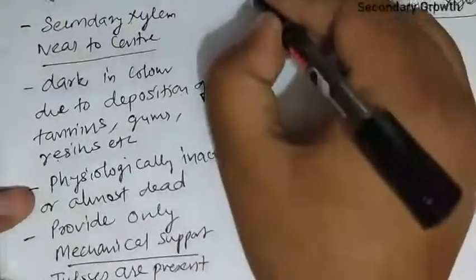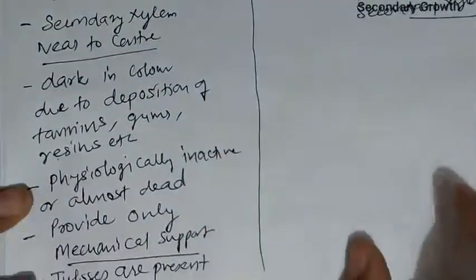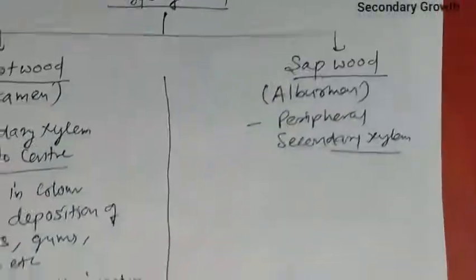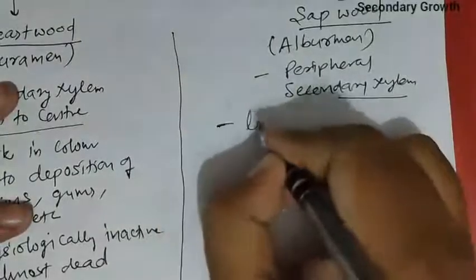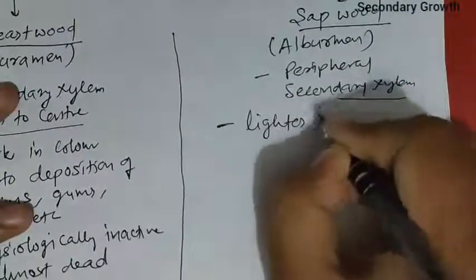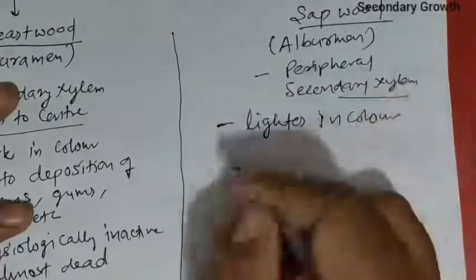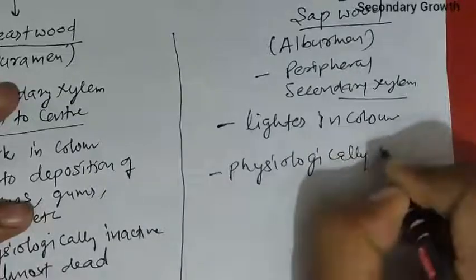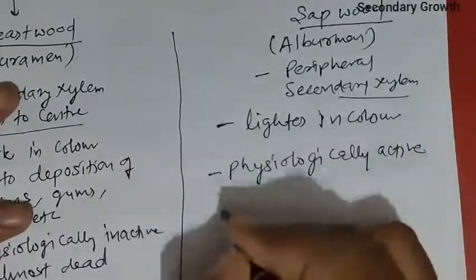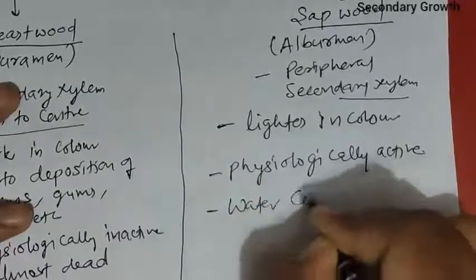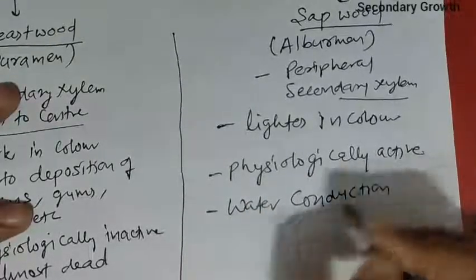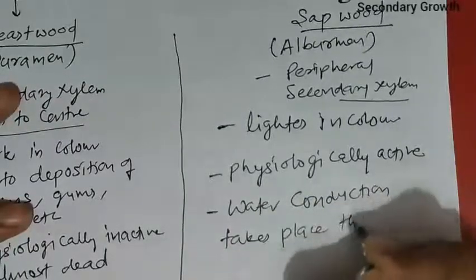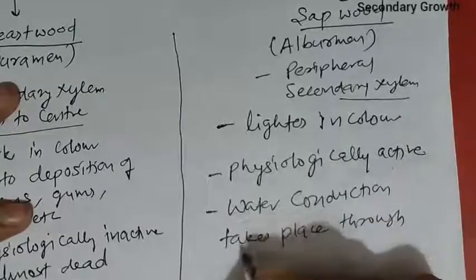They also block the transport and make it non-functional. But when we talk about sapwood, it is lighter in color, it is physiologically active, so water conduction takes place through sapwood.